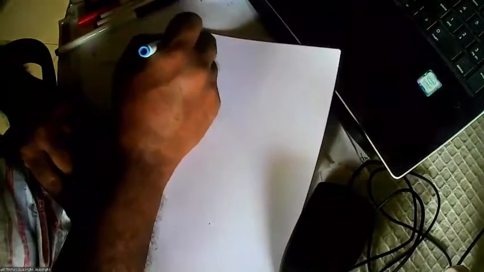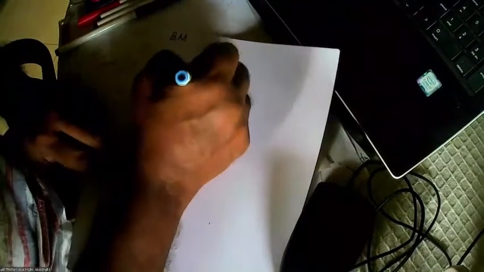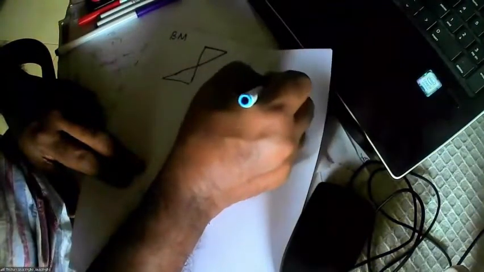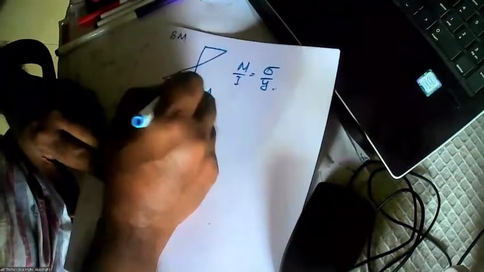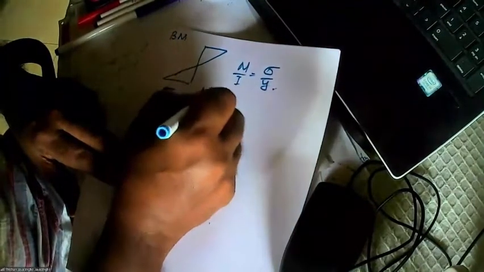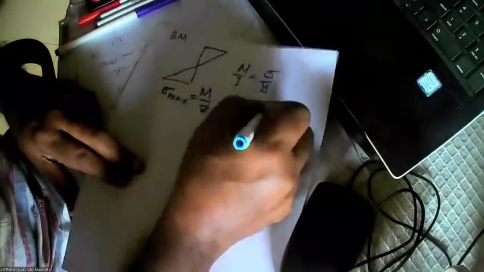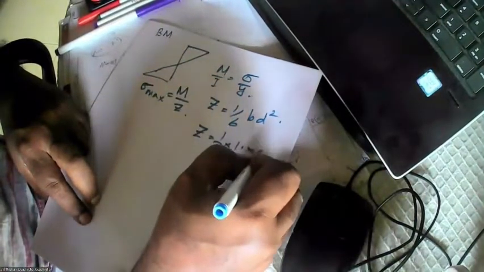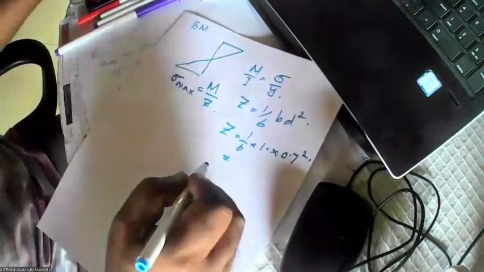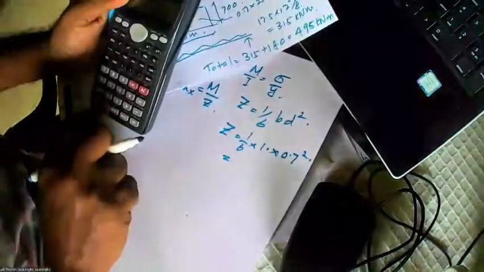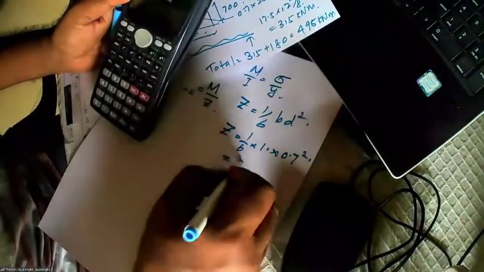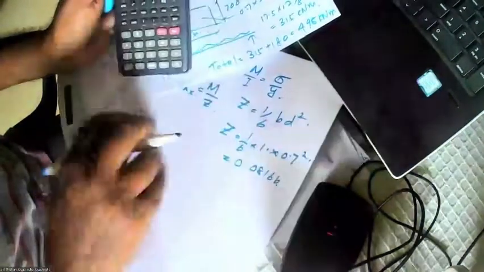And so we have the bending moment. So we have M over I equal to sigma over y, or sigma max is equal to M over Z. Z is 1/6 BD squared. Z is 1/6 into breadth 1 into depth 0.7 squared. 0.7 squared divided by 6 is 0.08166.